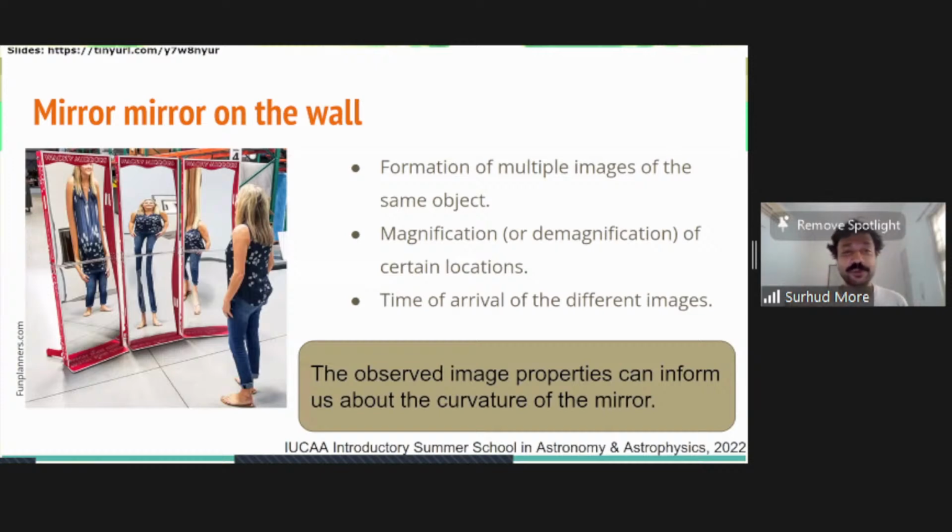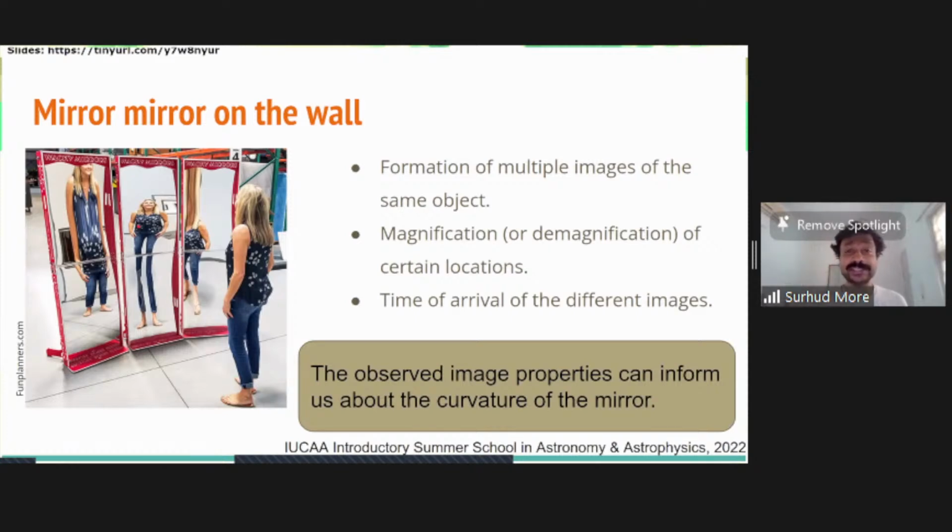First is the formation of multiple images of the same object, right? Because the light coming from this person is going to this mirror surface, and that light is getting reflected and then coming towards you. Similarly, the light from this girl is also going to this particular mirror, and then it's again reaching you, right?